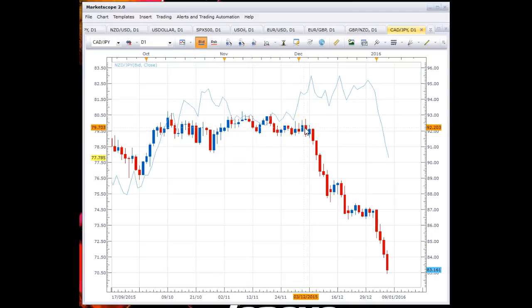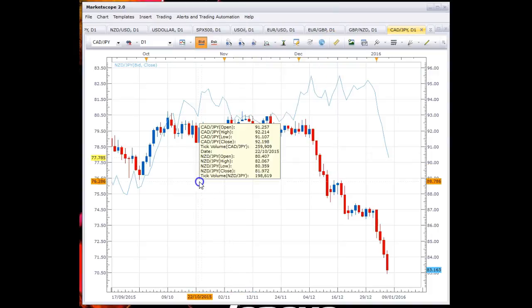And then it started dropping with the oil scares in December. The Kiwi dollar wasn't too concerned with that, so it stayed afloat, and the CAD yen started its own move based on oil.